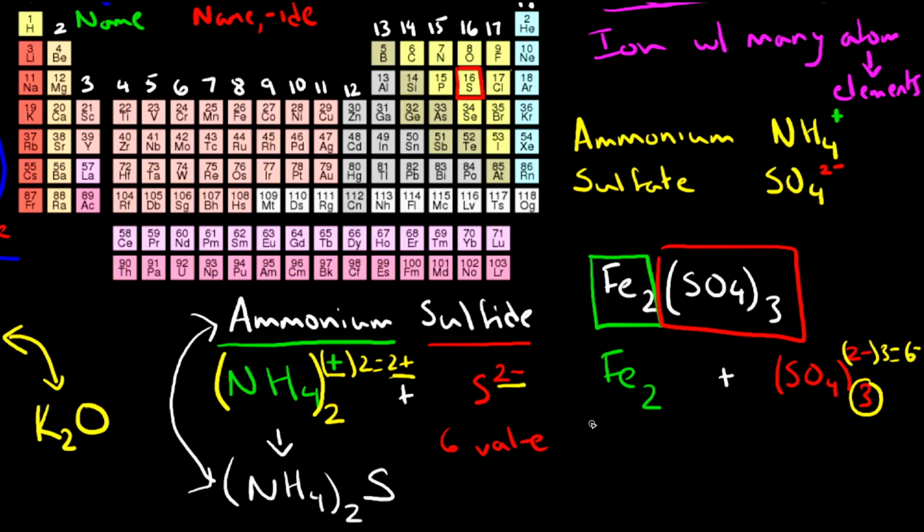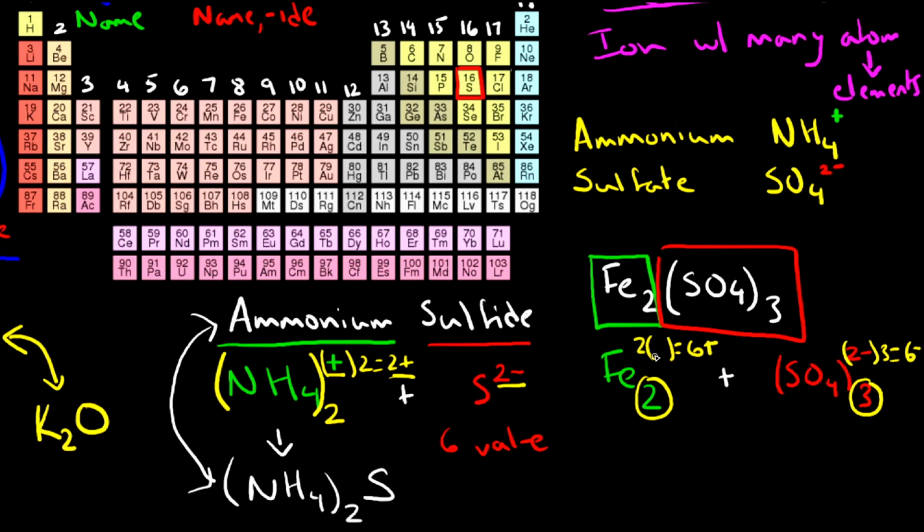Now, we know that our ionic compounds have to balance out, so the cation has to have a charge of 6 plus. And we have 2 iron atoms in the cation, so 2 times the charge of each individual iron atom is equal to the total charge.